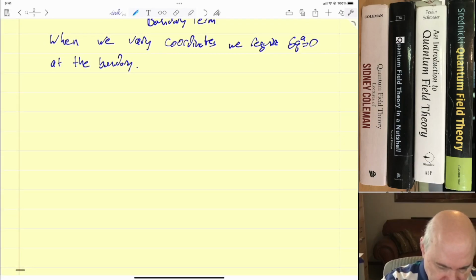Now, to show this, again, know this theorem. It's basically that an infinitesimal symmetry in L implies a conservation law.